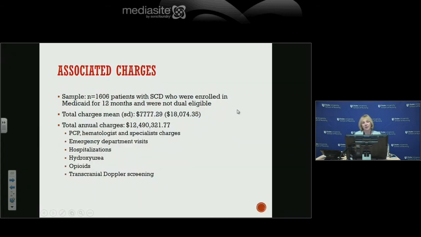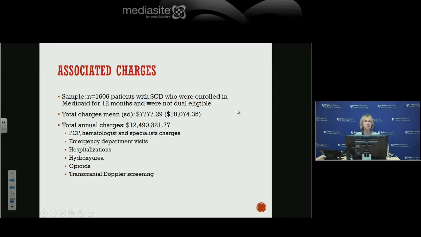We also have some data here in North Carolina. This is North Carolina data for 1 year, 2016. This is not published data yet. But we looked at all the Medicaid patients in North Carolina who were enrolled for 12 months but were not dual eligible, and that was about 1,600 patients. The total charges per patient had a big variation, but were about $7,700 per patient with a standard deviation of about $18,000.